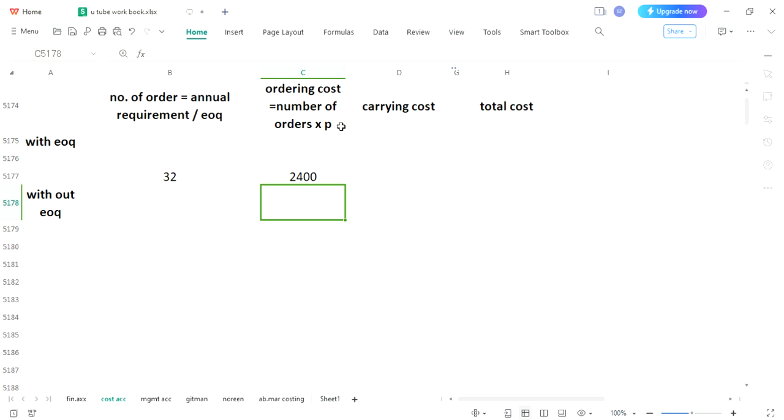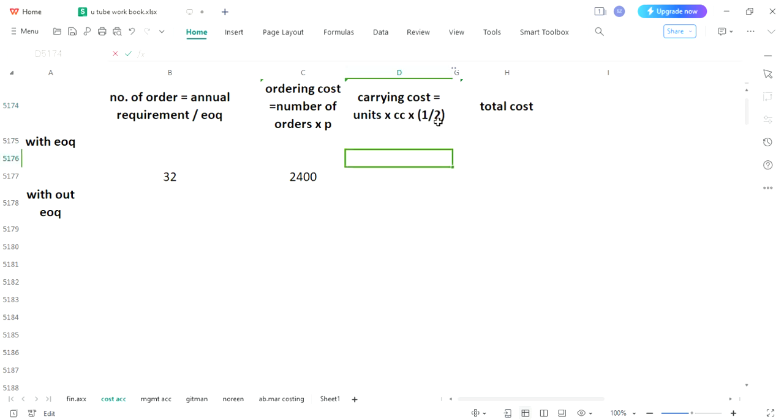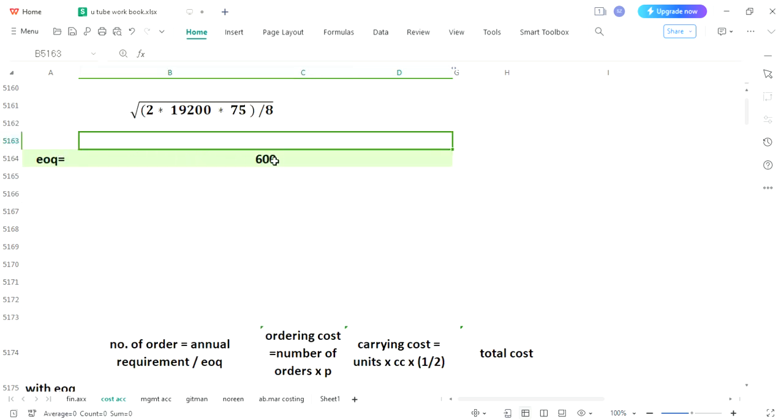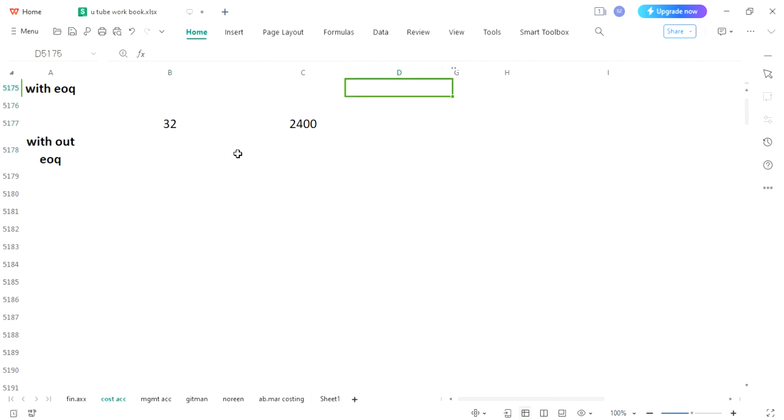Now you will calculate your carrying cost. For carrying cost you have your formula, number of units which are carried, and it would be multiplied with carrying cost. 1/2 is your average and it would be fixed for every number of unit. So here how many units we are carrying with economic order quantity, we have decided that only 600 units would be acquired in single order.